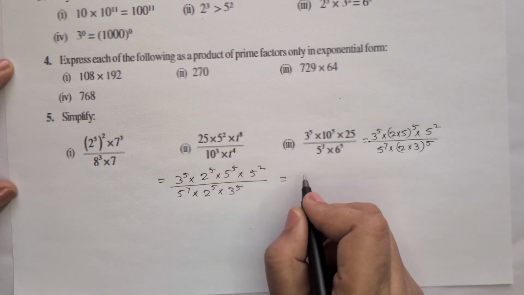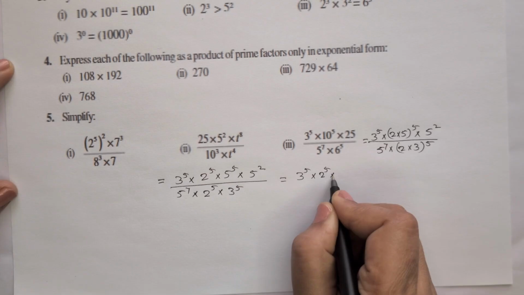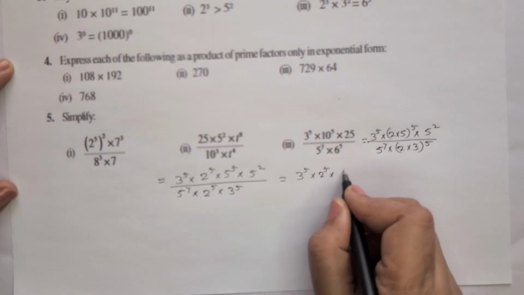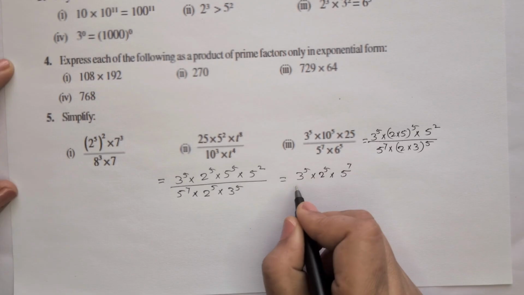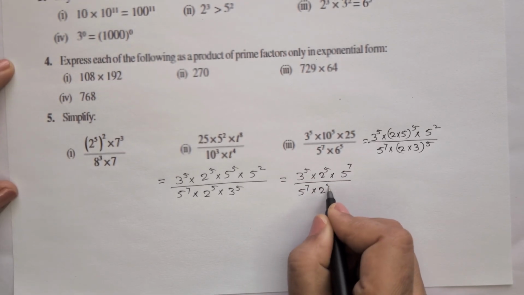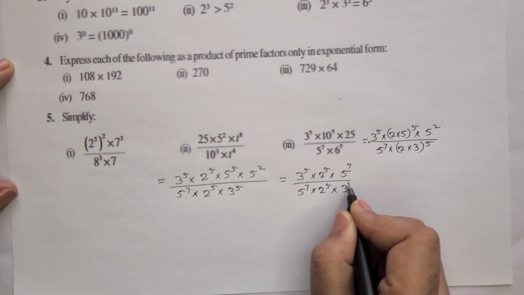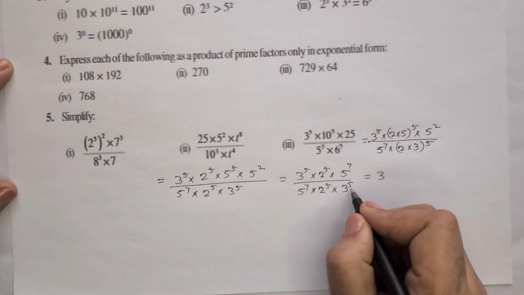Now the numerator, 3 raised to 5 into 2 raised to 5 into 5. This we can combine as 5 raised to 5 plus 2, that is 7, divided by 5 raised to 7 into 2 raised to 5 into 3 raised to 5. Then the division rule: 3 raised to 5 here and here also.